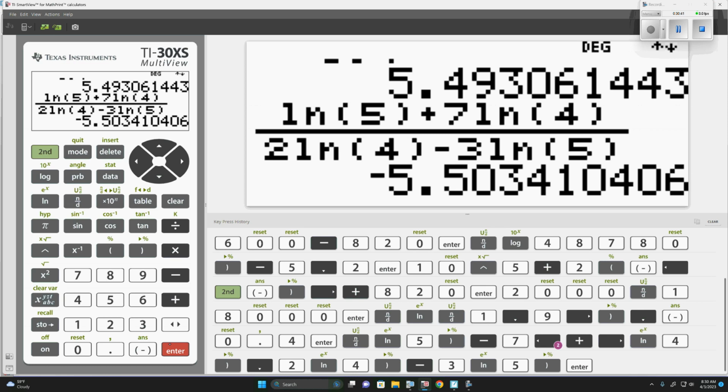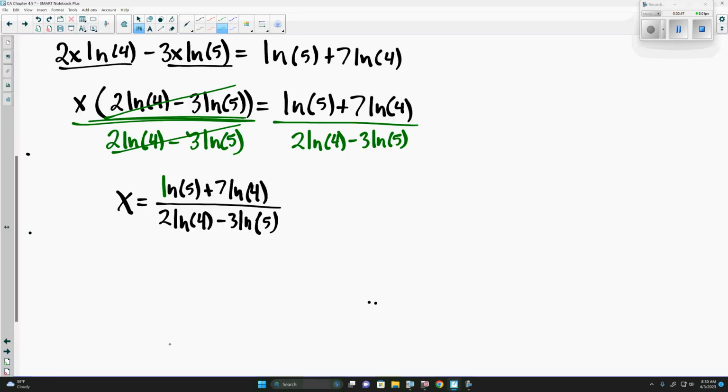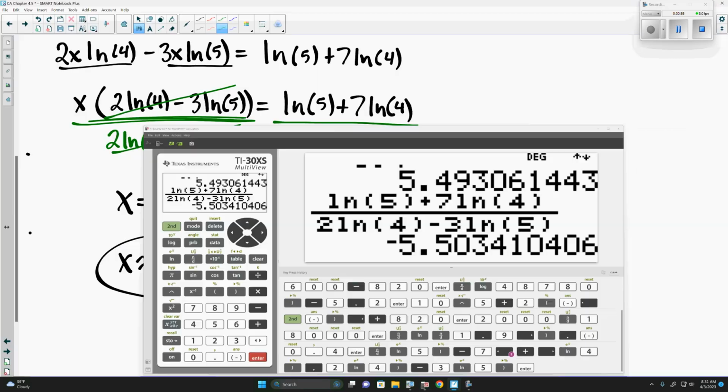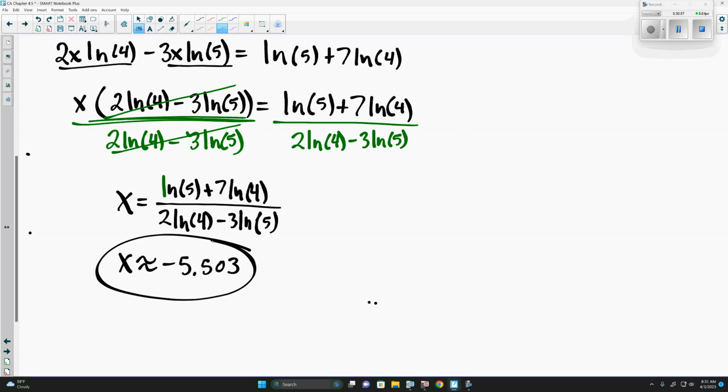And that's it. So the answer is negative 5.503. Negative 5.503. This is our answer.